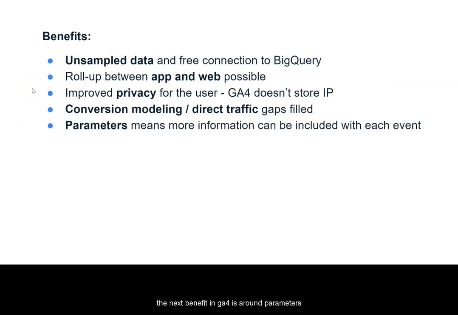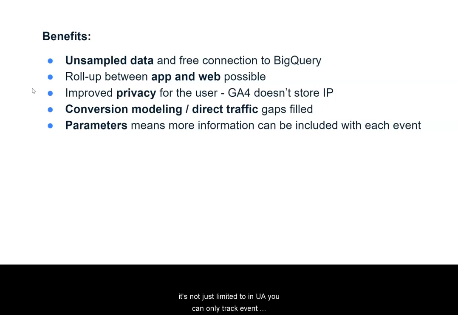The next benefit in GA4 is around parameters. In each event that you track, let's say you're tracking a form completion, you can track up to 25 event parameters. So this is basically 25 bits of additional information within that event. That could be something like the form name, the profession of the person who's completing the form, and other information that you want to track around that.